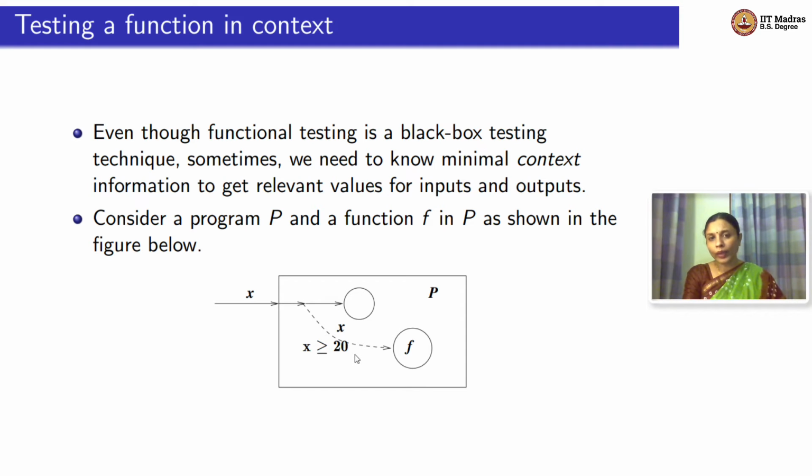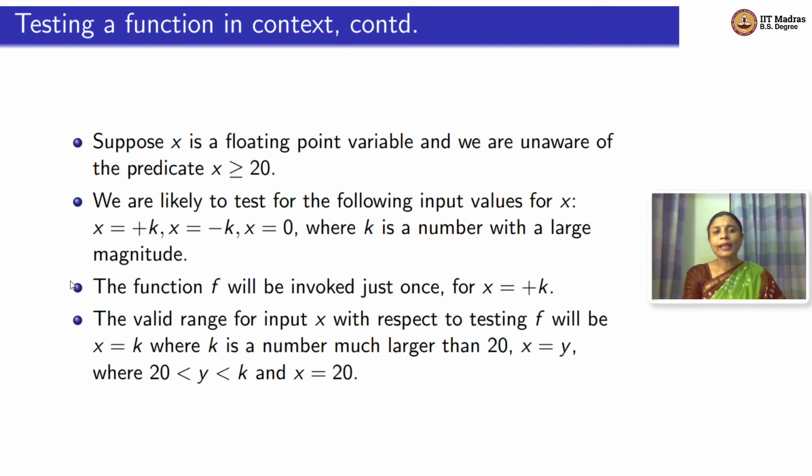So if we were aware of this minimal contextual information, instead of designing test cases blindly like this, x is plus k, minus k, and 0 for some value of k, and invoking the function only once, we would have assigned x to be k, where 20 would have been a threshold.